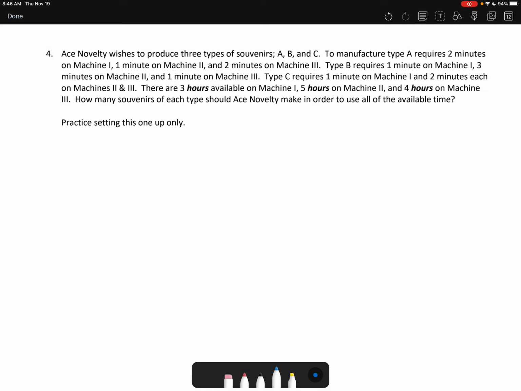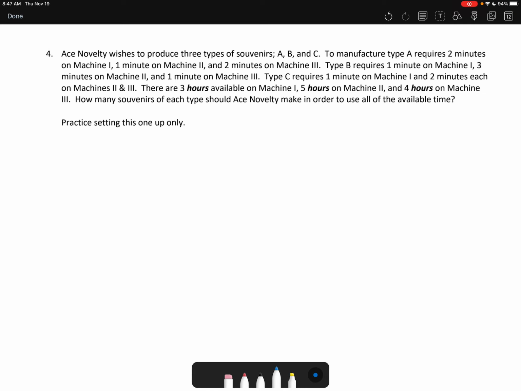Type B requires 1 minute on machine 1, 3 minutes on machine 2, and 1 minute on machine 3. Type C requires 1 minute on machine 1, 2 minutes each on machines 2 and 3. There are 3 hours available on machine 1, 5 hours available on machine 2, and 4 hours on machine 3. How many souvenirs of each type should Ace Novelty make in order to use all of their available time?